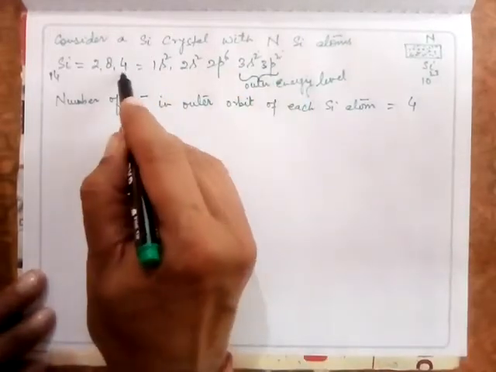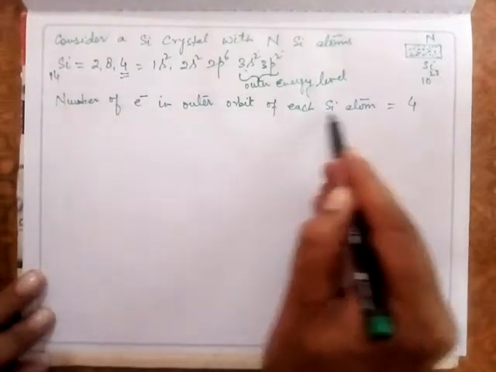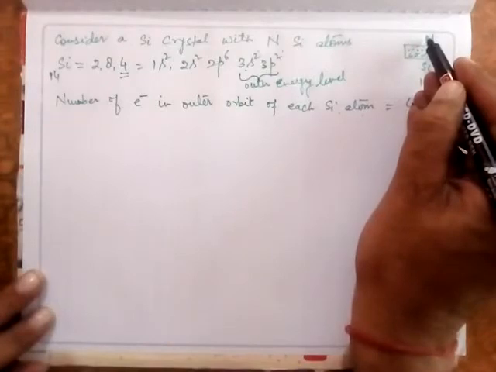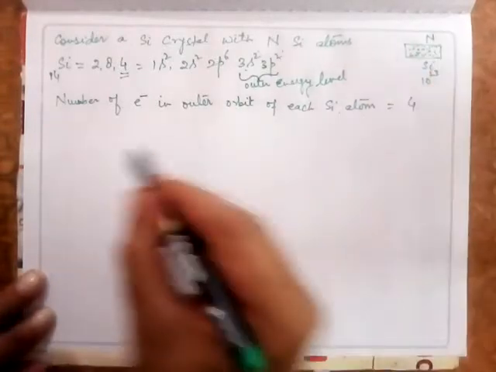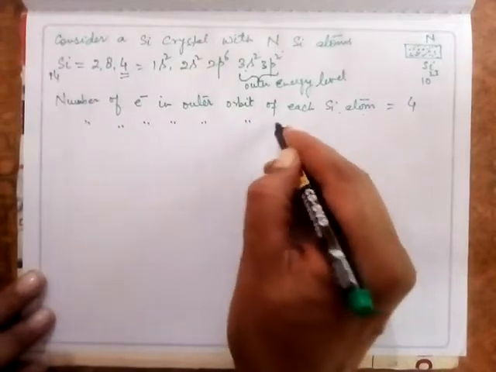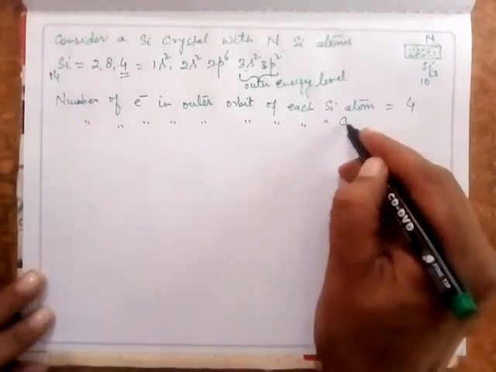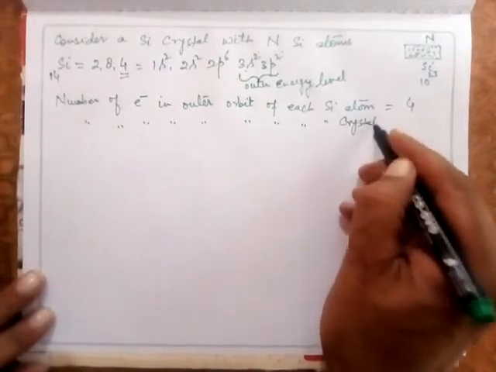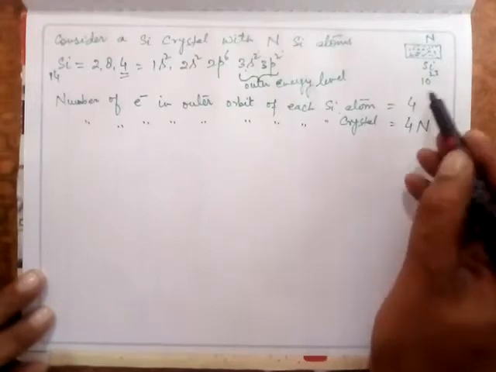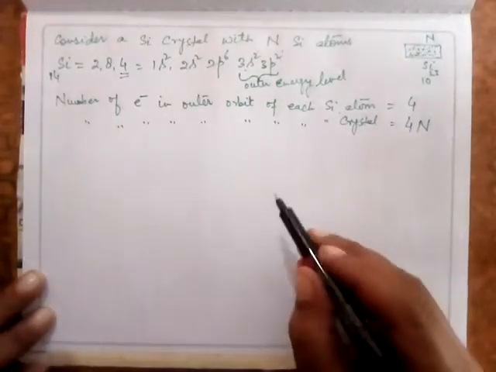Now there are n silicon atoms, therefore the number of electrons in the outer orbit of a silicon crystal, no more an atom but a crystal, will be 4n. In one atom there are 4, so n atoms will have 4n electrons.